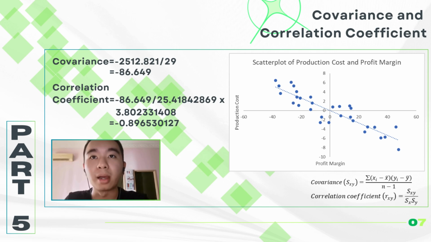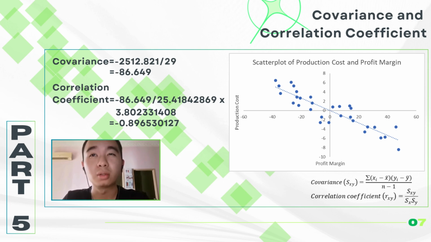Then we calculate the correlation coefficient, that is negative 86.649 divided by the standard deviation of x times the standard deviation of y. So in the correlation coefficient, we get negative 0.896.